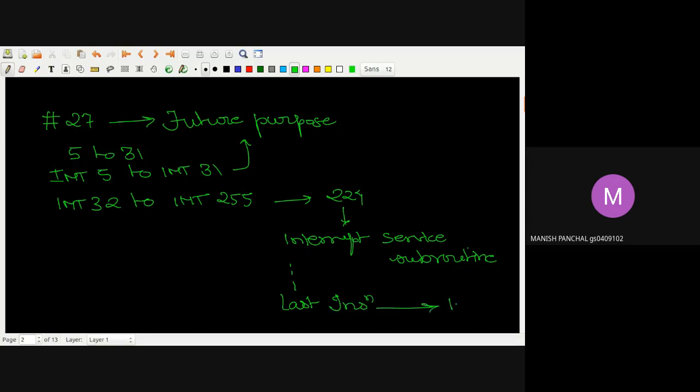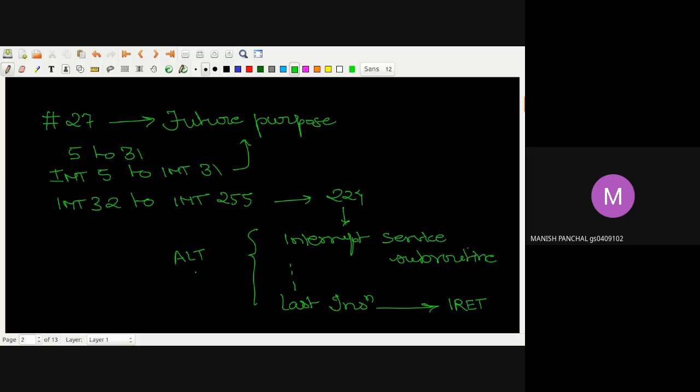This return is changed to an immediate return, so this is IRET. This is the important constraint: you can write any assembly language program for this ISS to serve that interrupt, but the last instruction should be IRET, so that it can resume the normal program.